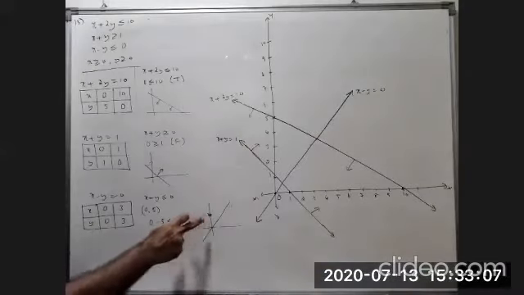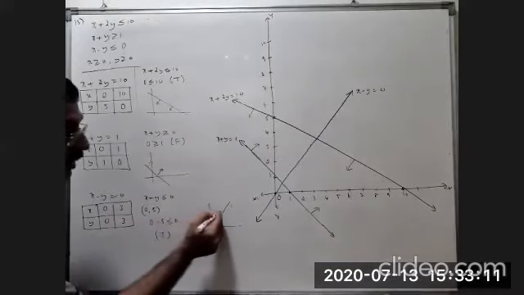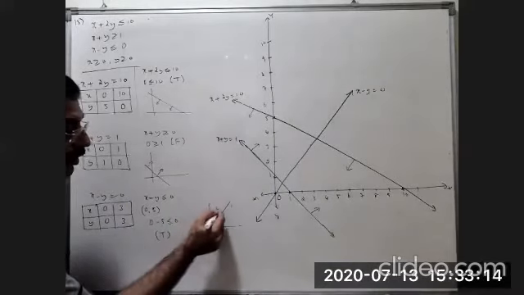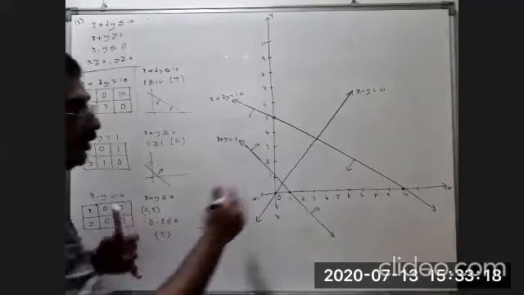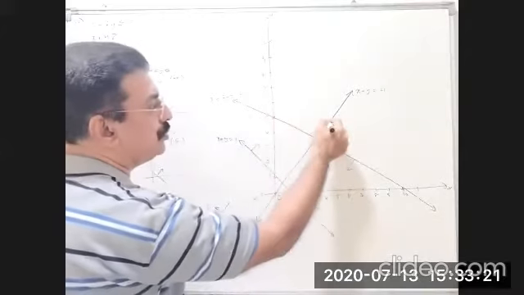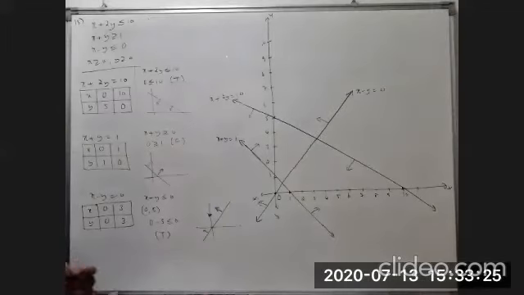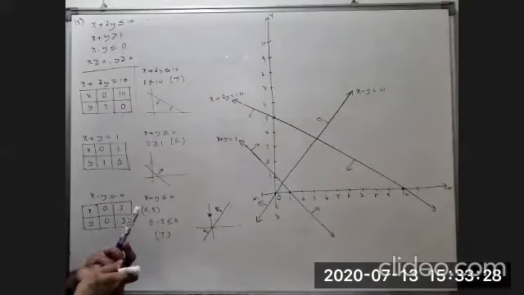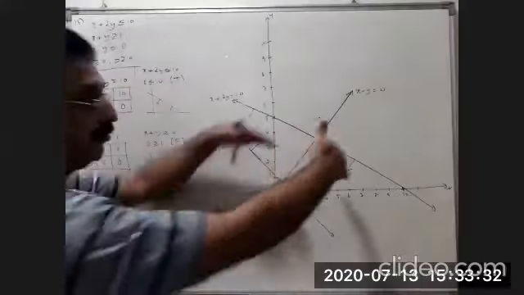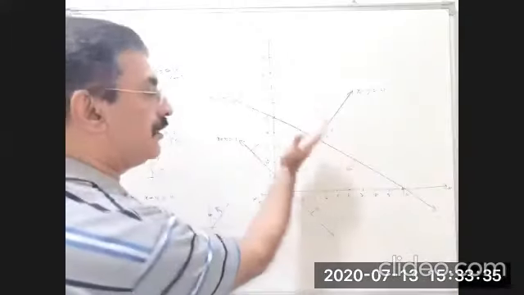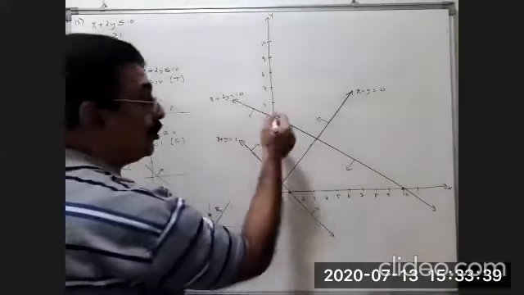So this one is true. So we will shade towards this point. We will shade towards 0, 5, that means up, and in quadrant 1. Below this line, above this line, and towards that, in quadrant 1 only.